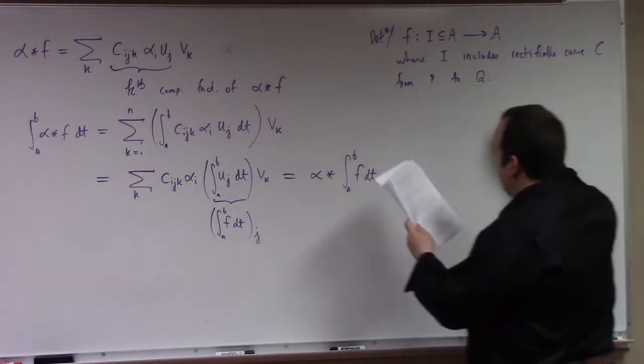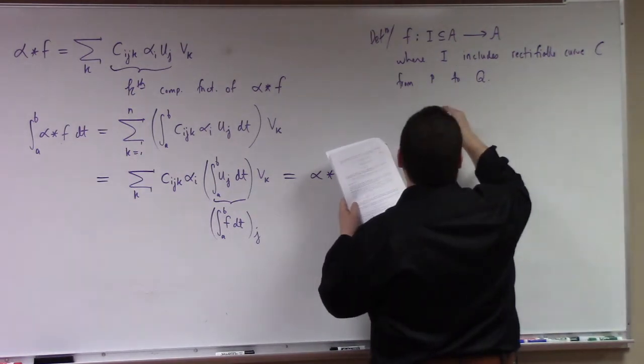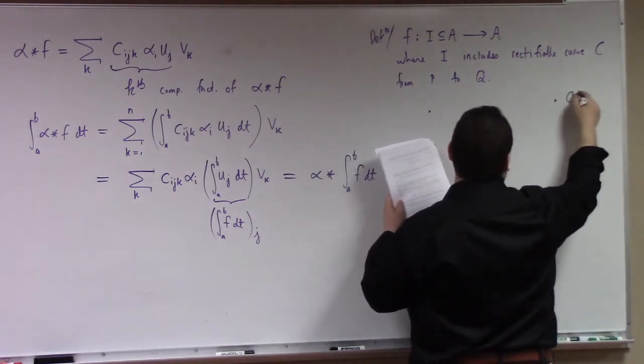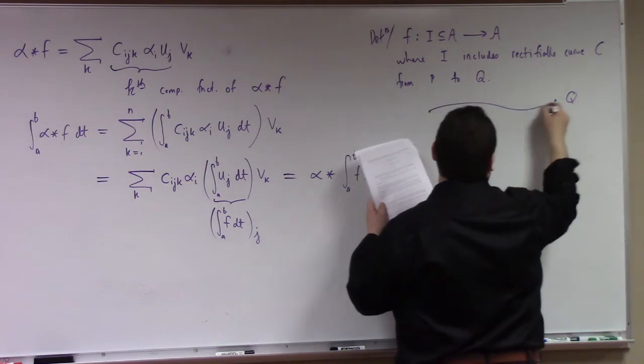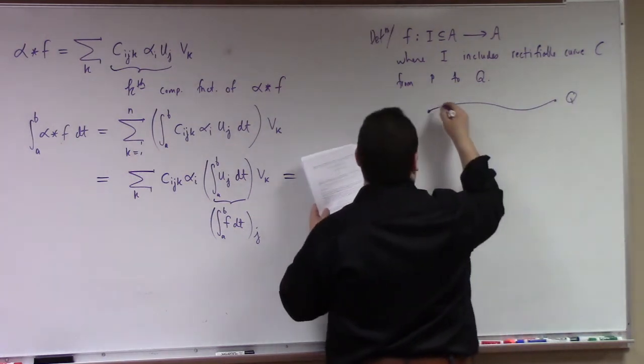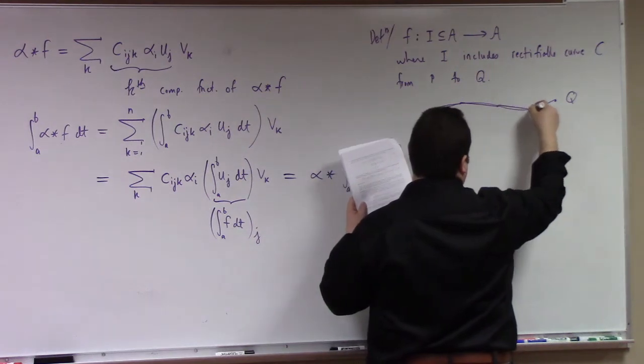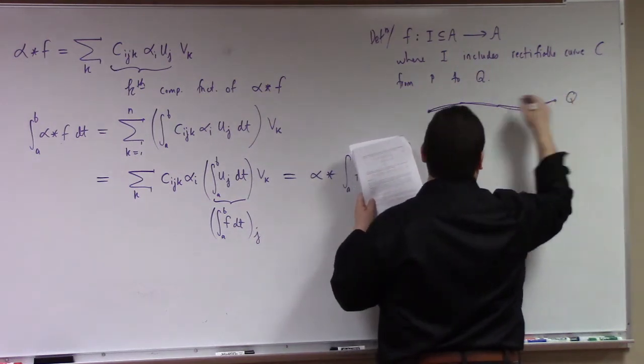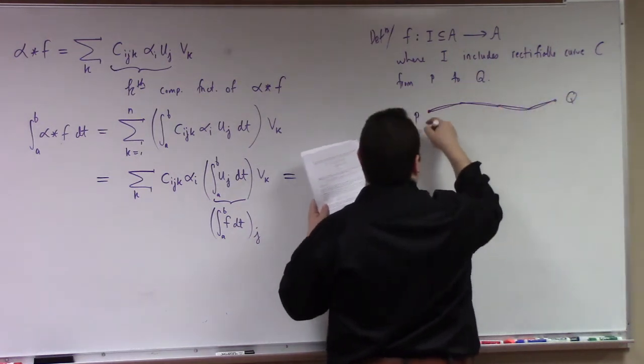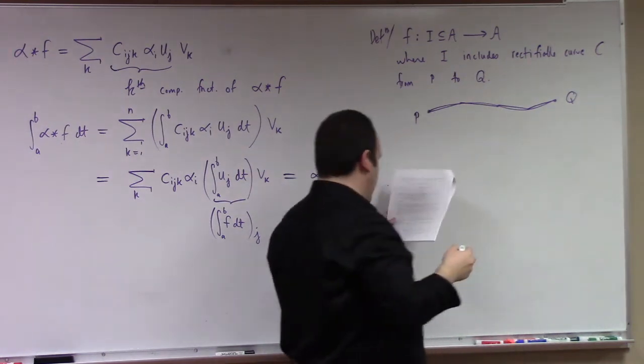But the basic idea is, here's P, here's Q, and maybe this is the curve. So you're perhaps approximating it with some broken line segments that go from one to the other.